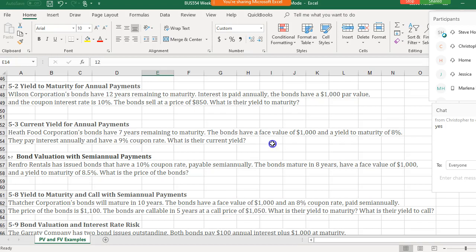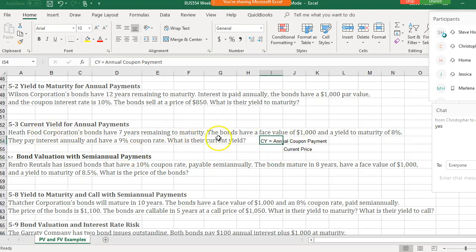For the current yield, I'll type CY for current yield, and that equals the annual coupon payment divided by the bond's current price. Okay, so annual coupon payment divided by current price is my current yield.